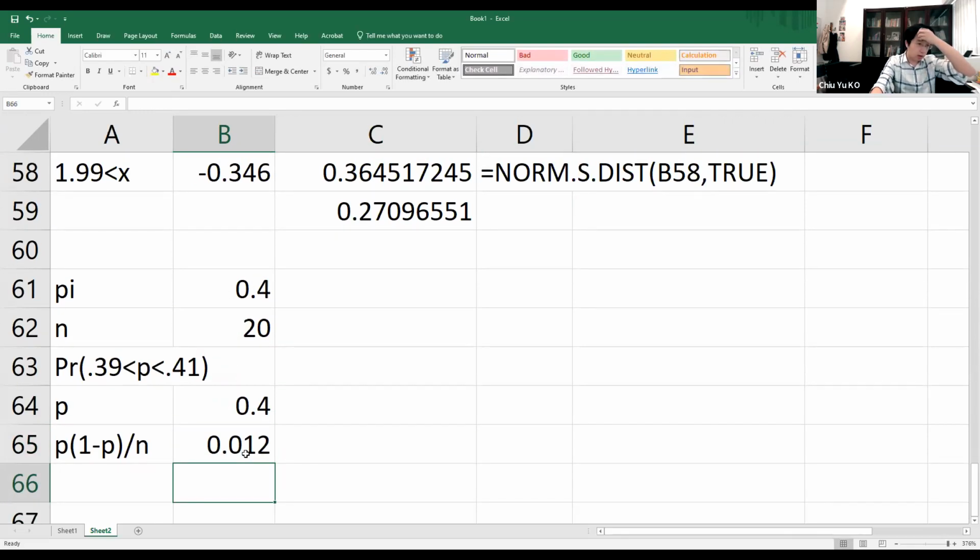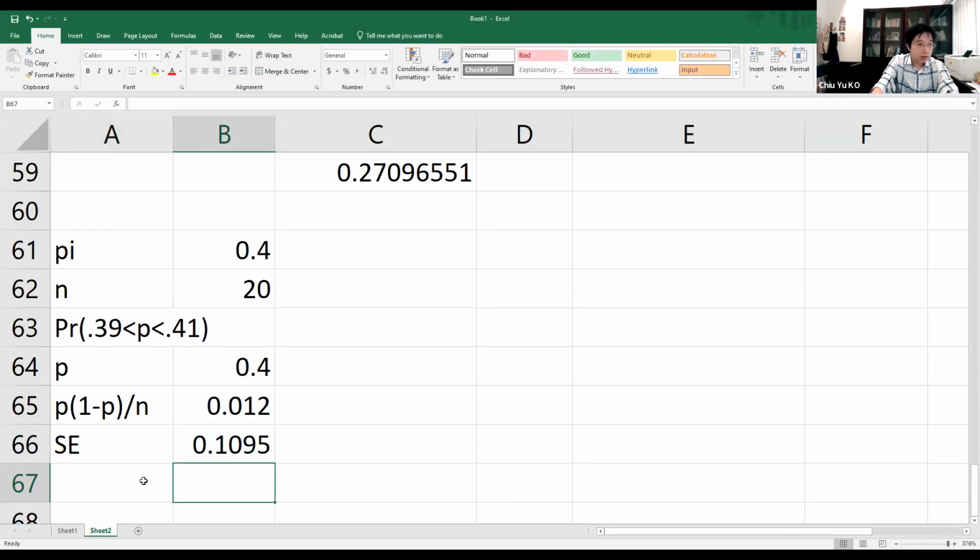Okay. And we take the square root of that, right? So, right, there's a question. Okay, and we take the standard error, with the square root of that. So it's 0.1095, that's fine.